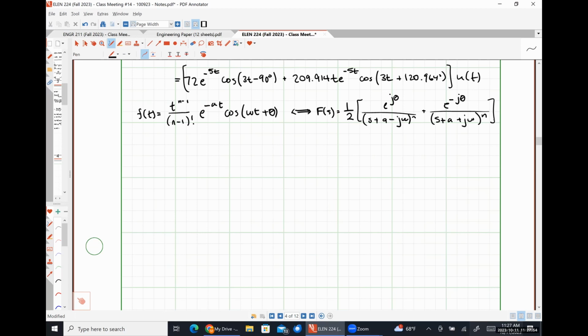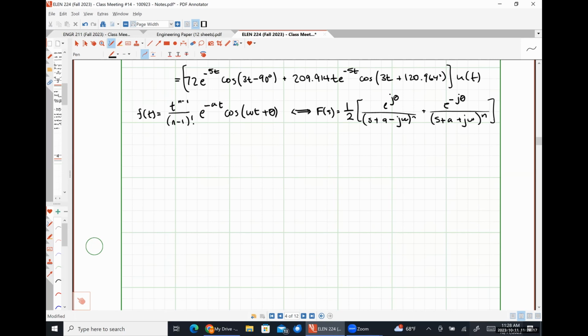n minus 1. So it's whatever number of repeated roots we have. For our example, we had doubly repeated roots, so n was equal to 2, which is why we wound up having t to the first power divided by 1 factorial, which is just t.